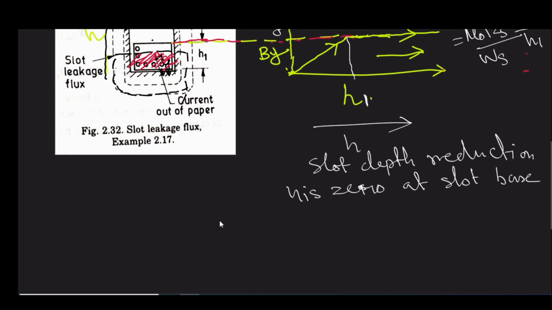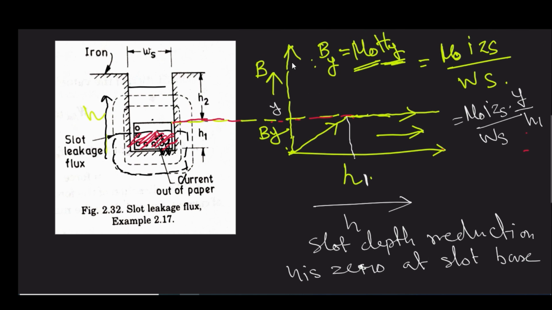Now see, this slot depth reduction is 0 at base. So what we can write from this expression is the expression of Hy.